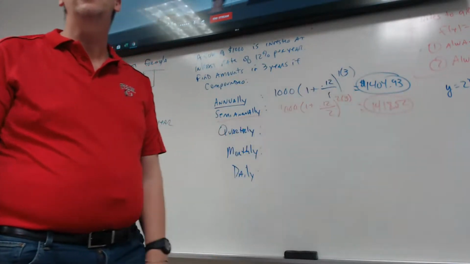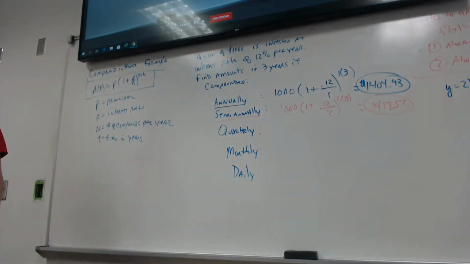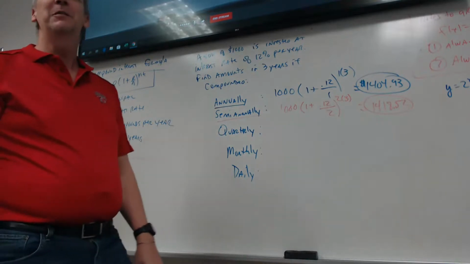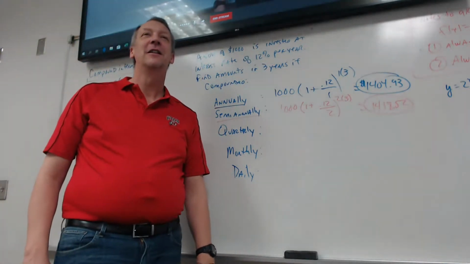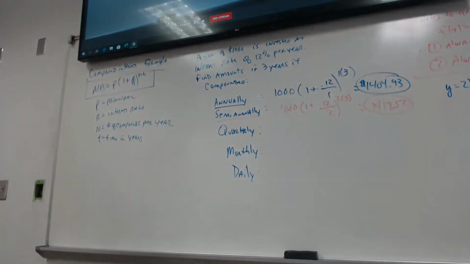About $14, right? It's not bad, right? So would you prefer annually or semi-annually? If you're investing, you want semi. If you're getting the loan, what you want? Annually. Which one do you think the bank uses? Daily. Daily, that's actually correct. Okay? They want their money. Let's see how much that goes up.